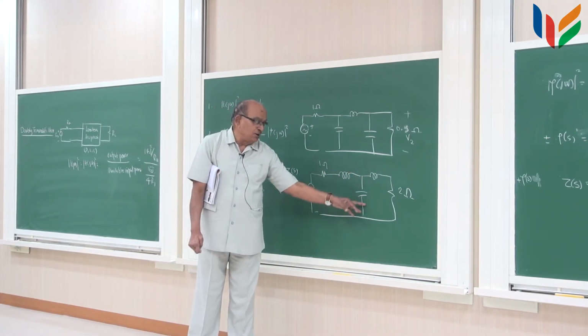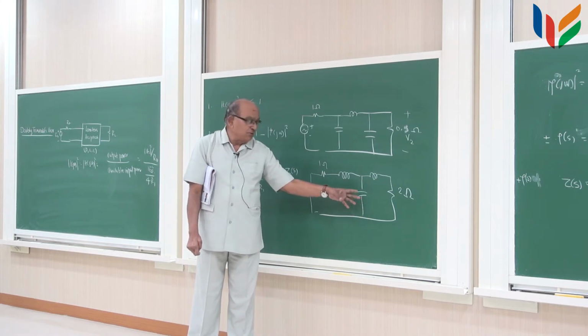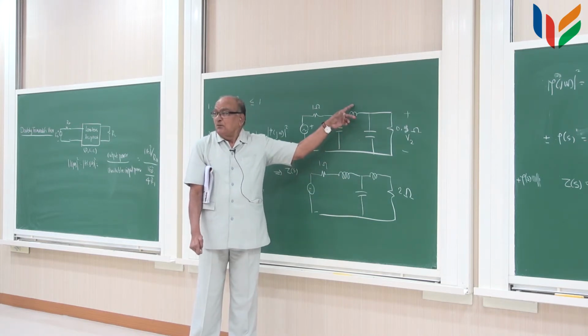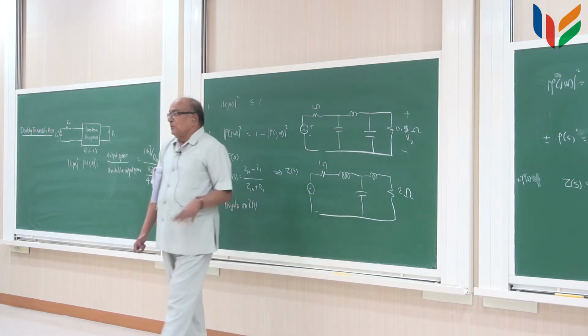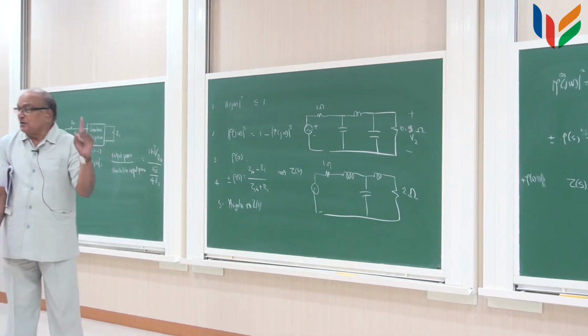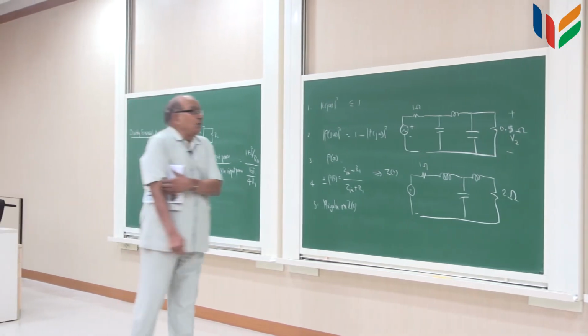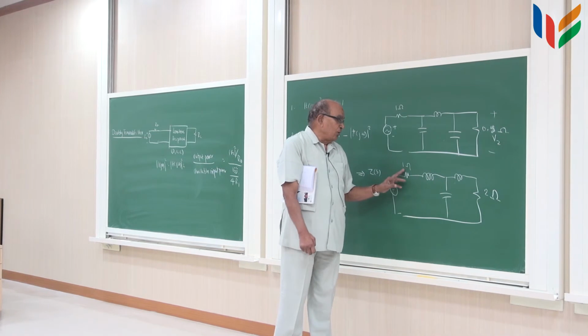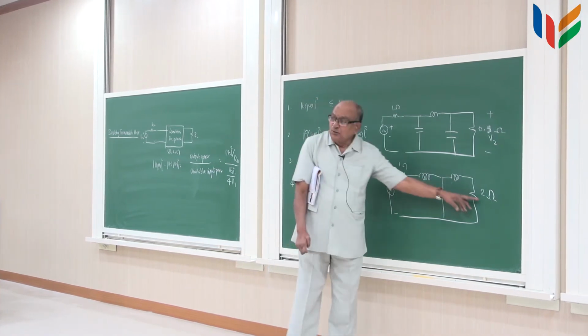So the three reactive elements, 2 inductors in series, 1 capacitor, here 2 capacitors and 1 inductor. So total number is 3 as it should be. Only thing is in the first case 2 inductors and 1 capacitor, 2 capacitors, 1 inductor, here 2 inductors and 1 capacitor. This will give you 1 ohm source impedance and 2 ohm load impedance.